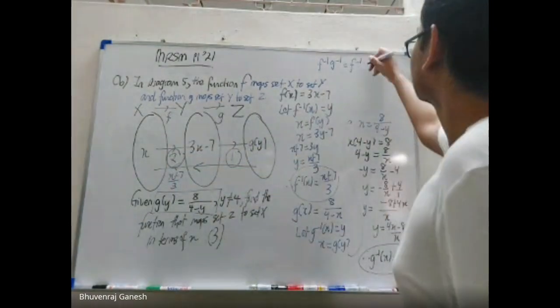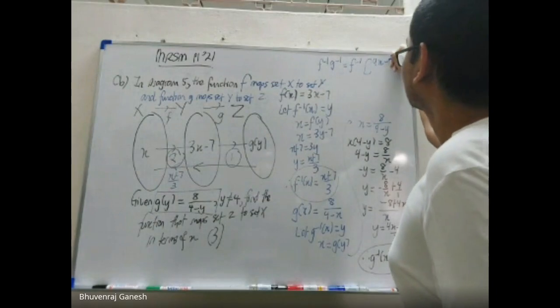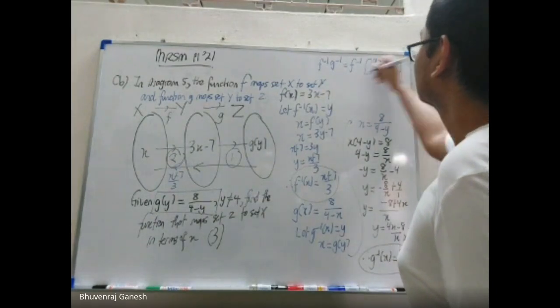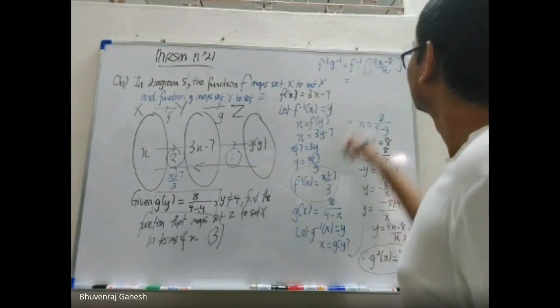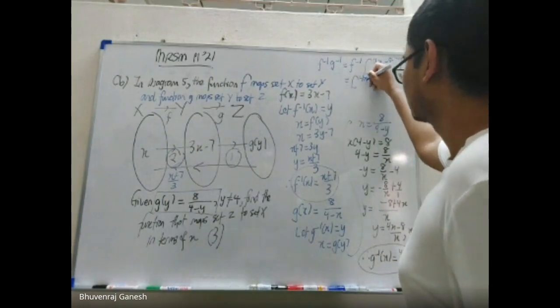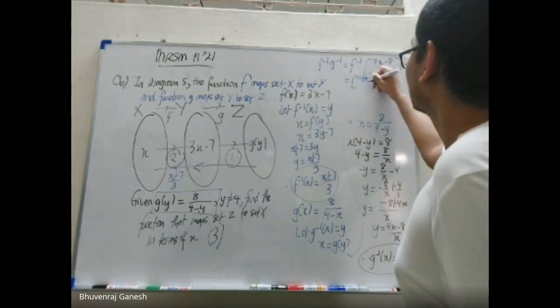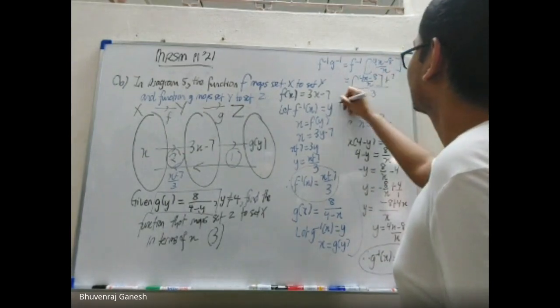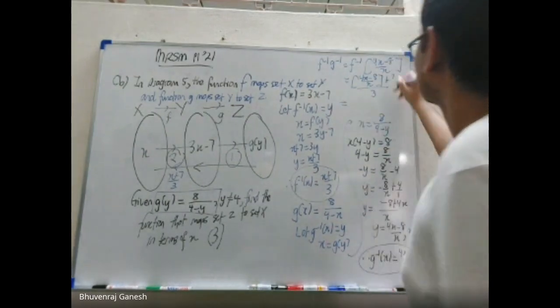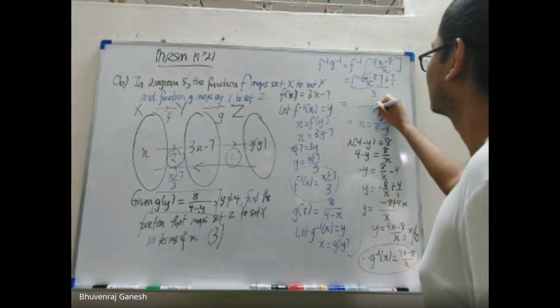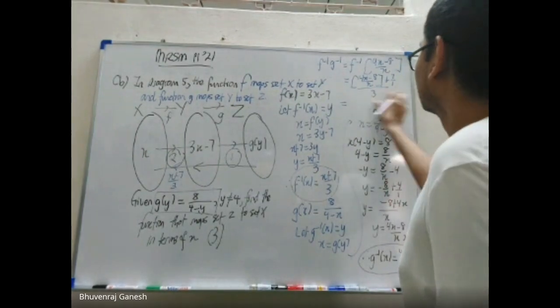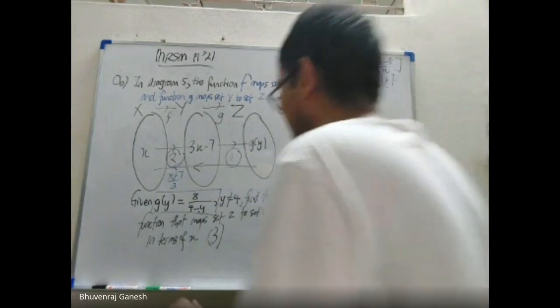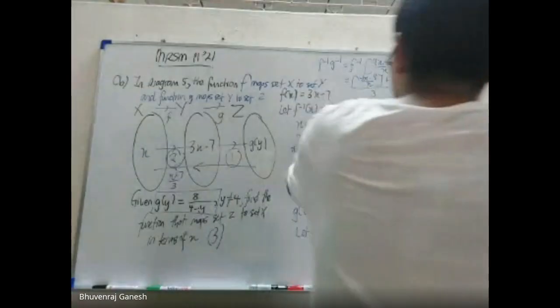So g inverse is (4x minus 8) over x. So we sub this inside the f inverse x. ((4x minus 8) over x plus 7) over 3. So this one you have to be careful a bit, the fraction. So when you make the bottom become x, you can get something like this. I'll mark here first.